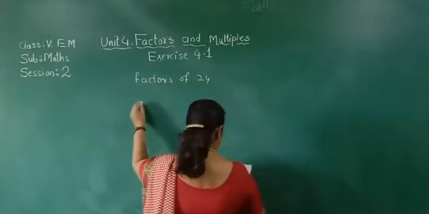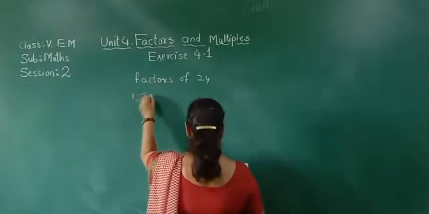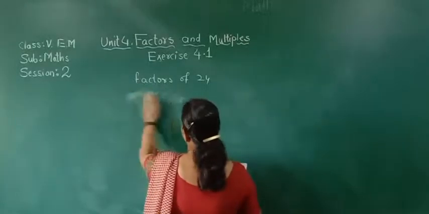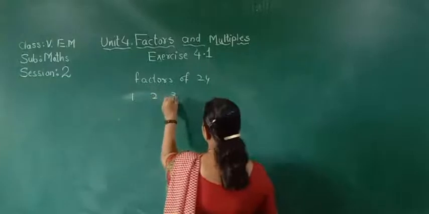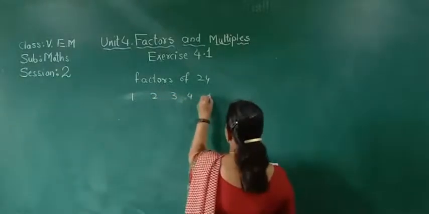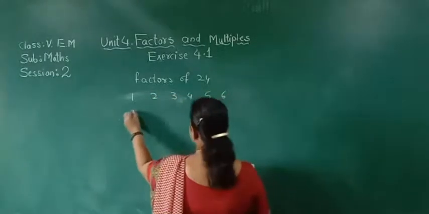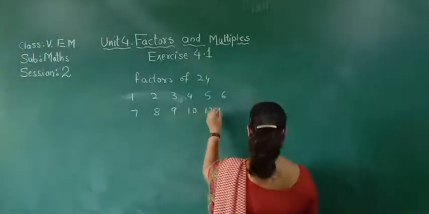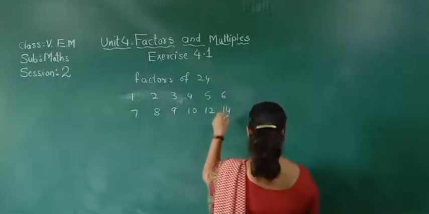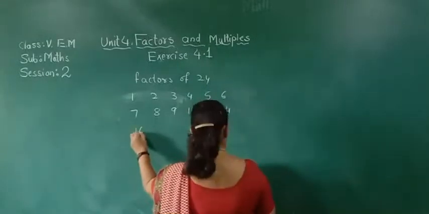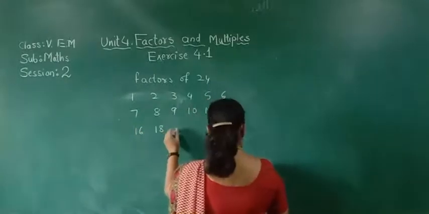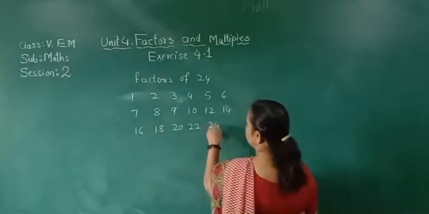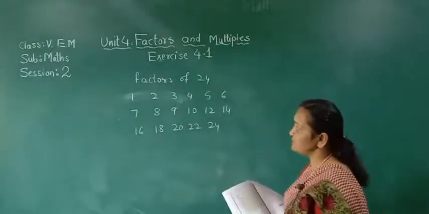And those numbers are 1, 2, 3, 4, 5, 6, 7, 8, 9, 10, 12, 14, 16, 18, 20, 22 and 24.